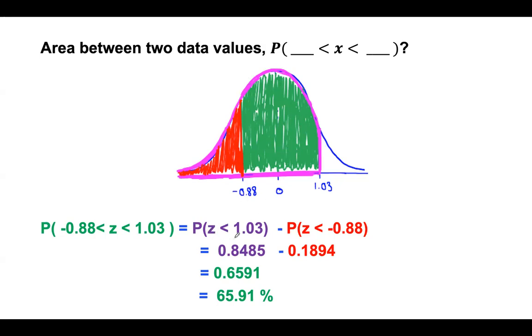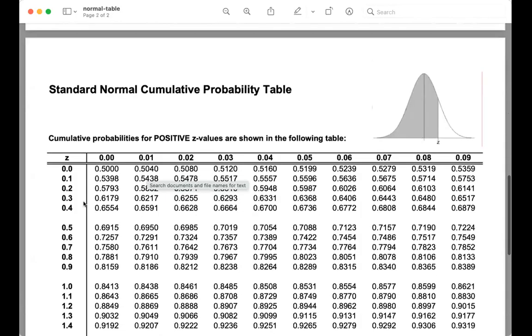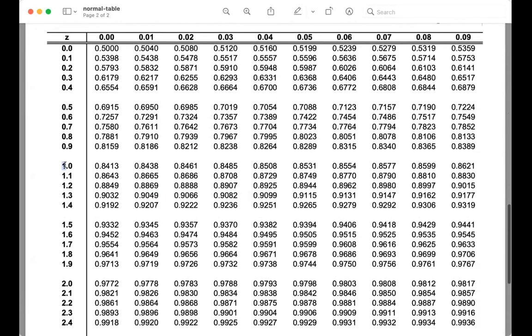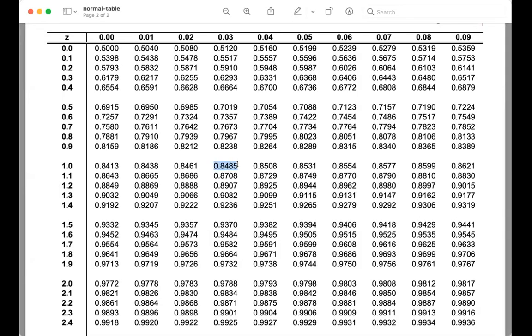So we could look up these values in the table. 1.03, which is this whole purple area, and then subtract the whole red area, which is Z being less than negative 0.88. So 1.03, I believe, is this value, 0.8485.